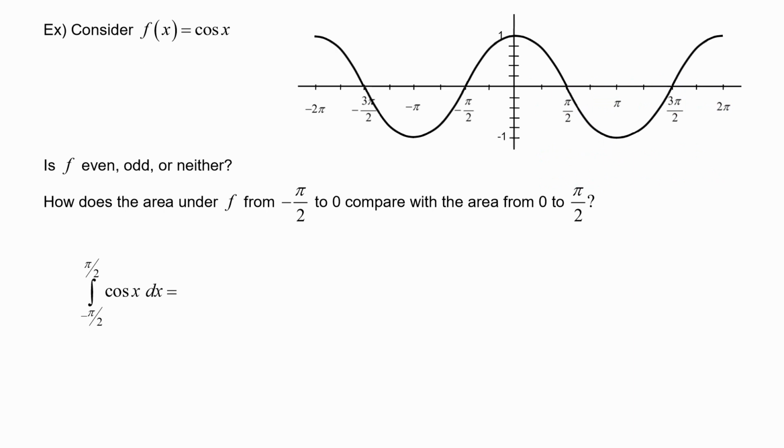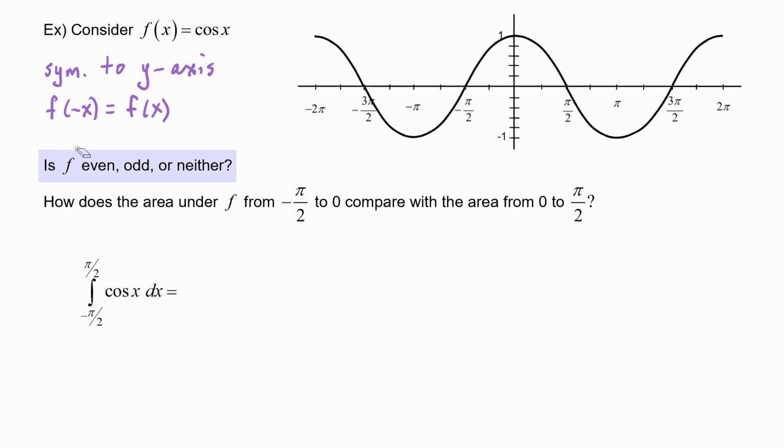In this example, consider f of x is equal to cosine x. We have the graph here, and the first question is f even, odd, or neither? Now we notice that this graph is symmetric to the y-axis. Another way of saying that is that f of negative x is equal to f of x.